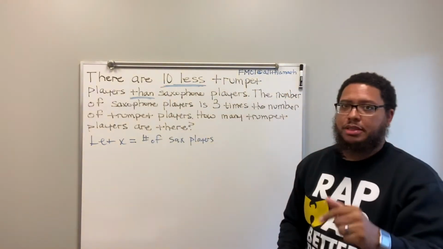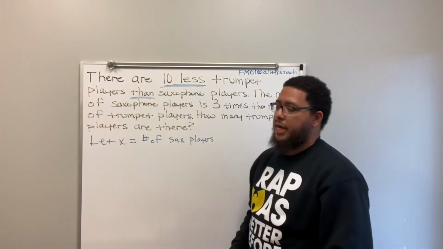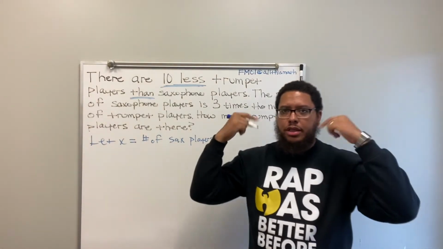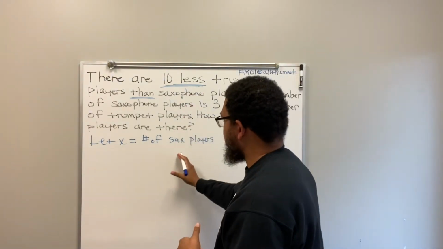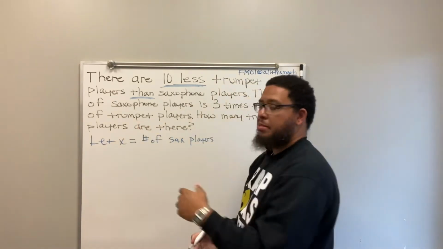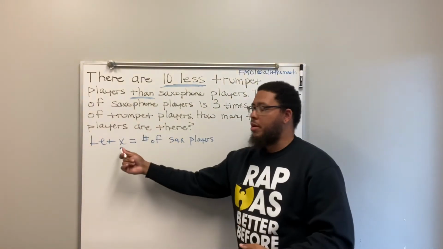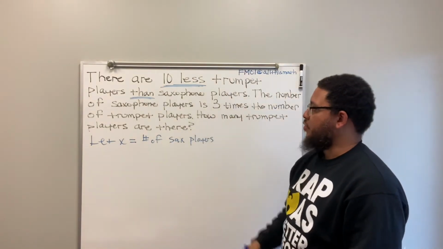Now, a lot of people will make the mistake. They'll say, oh, that means the trumpet players is 10 minus X. Nah, it's not. We got to think critically about what that really means. 10 less than this. So whatever this is, which is X, 10 less means you're subtracting 10 from the number of saxophone players.